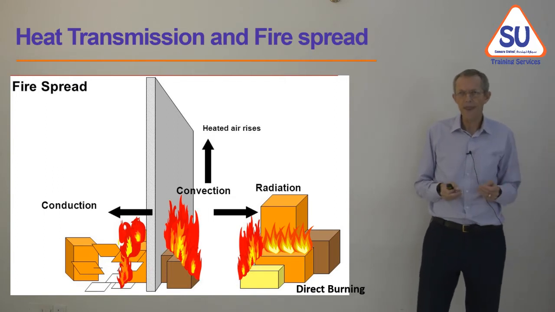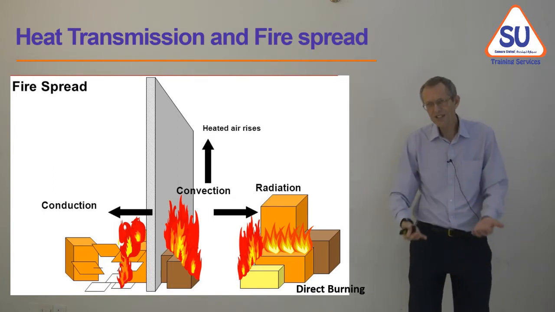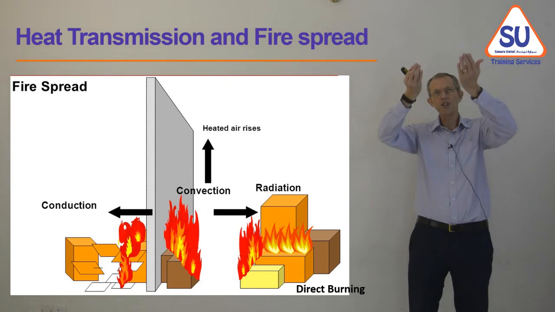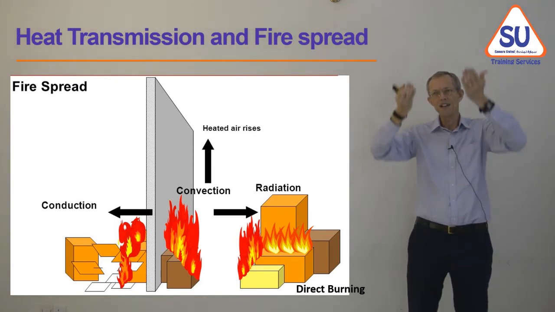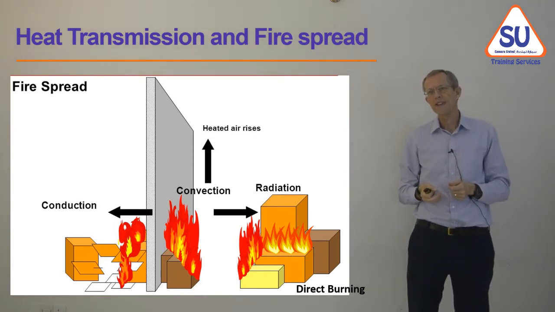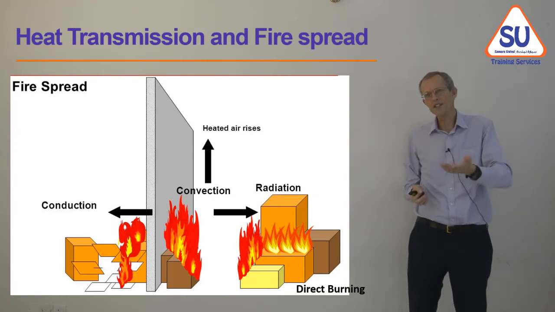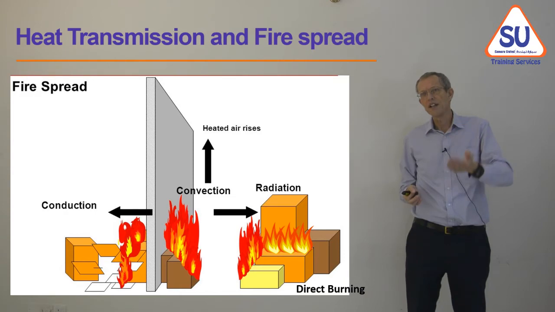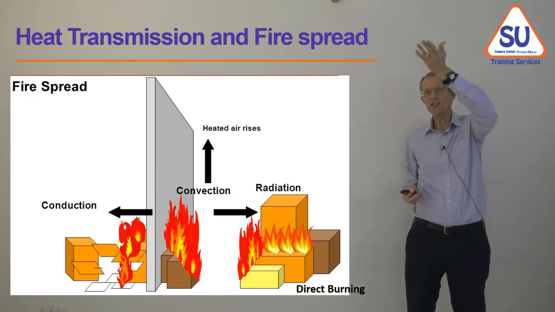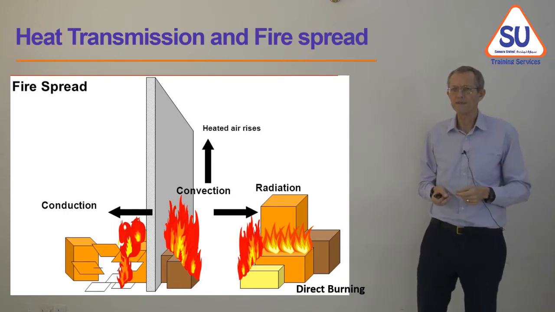So conduction. Convection is where the hot gases and the burning products rise up with the hot air that the fire has produced. That's called convection. So the hot air, the hot gases, and they can be very hot, travel upwards with convection, and we'll see a picture of that later.